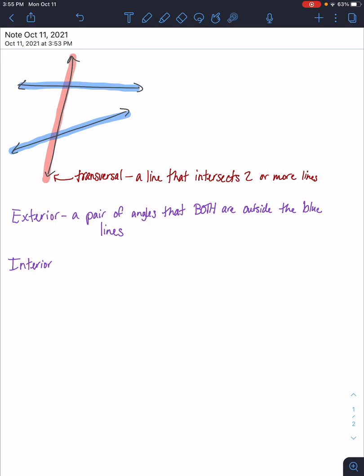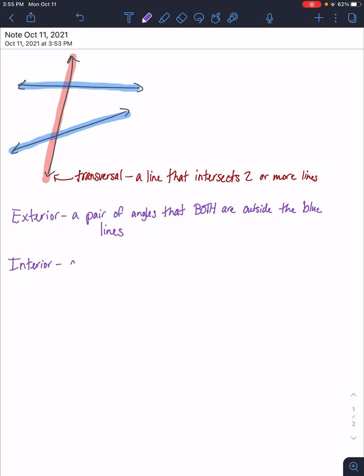So for example, this angle is outside of the blue line, so this angle and that angle are both exterior, an exterior pair. This angle and this angle are an exterior pair. This angle and that angle, this angle and this angle, and finally this angle and this angle. There are 6 total possibilities of exterior pairs.